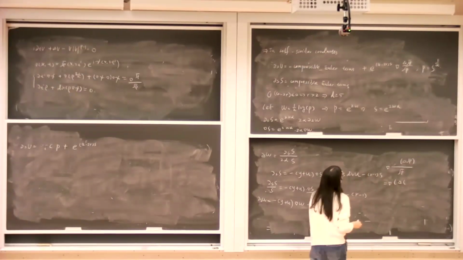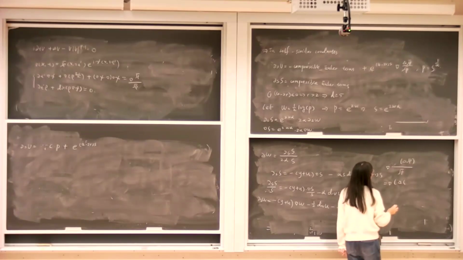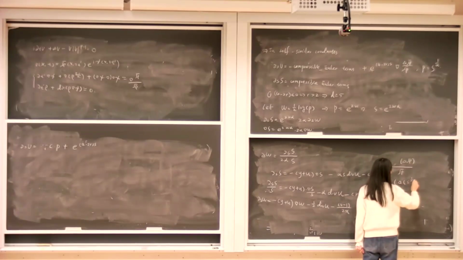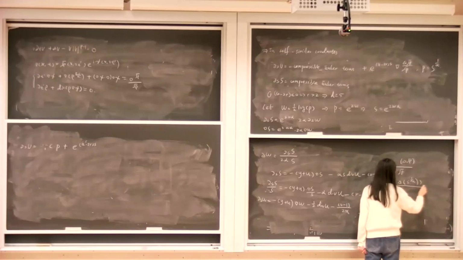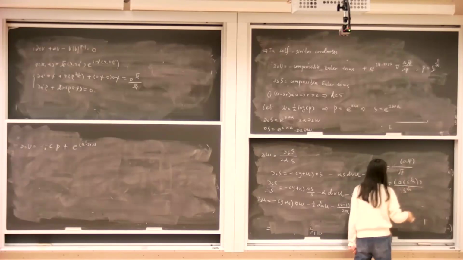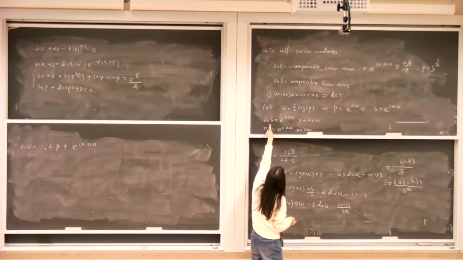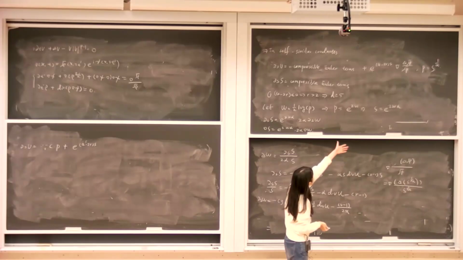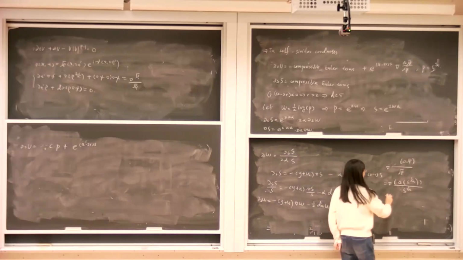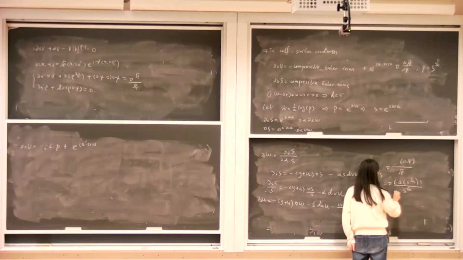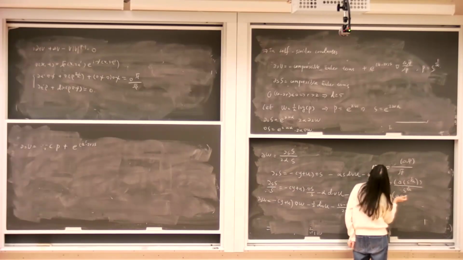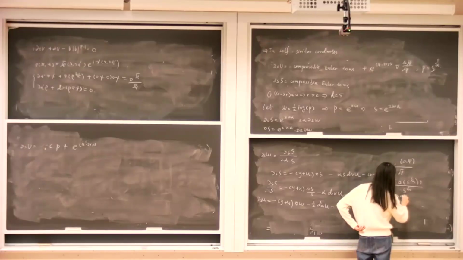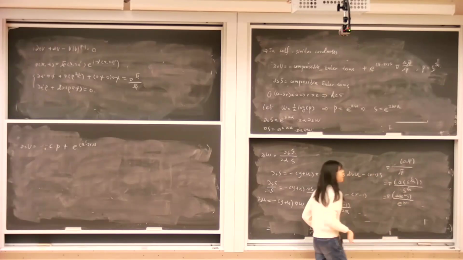The square root of p is s to the 1 over 2 alpha. And we know that s to the 1 over 2 alpha is w. So you have e to the w divided by e to the w.